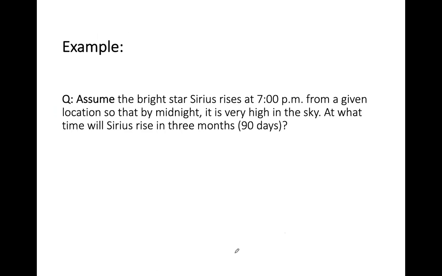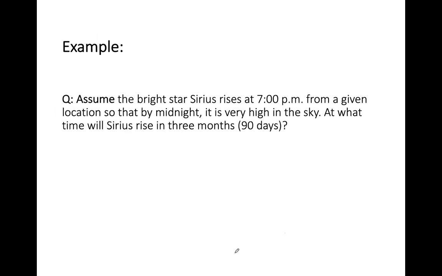Let me give you an example here. Now I will give you some time to think about this, and after that we will discuss. Assume that the bright star Sirius rises at 7 p.m. from a given location so that by midnight it is very high in the sky. And you can see the scenario here.